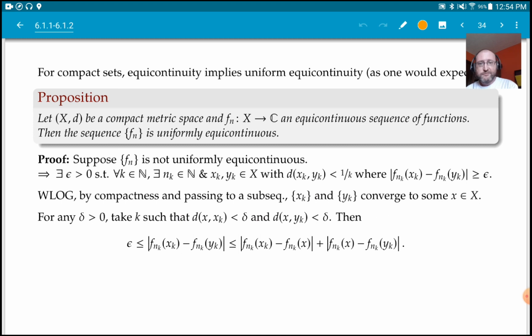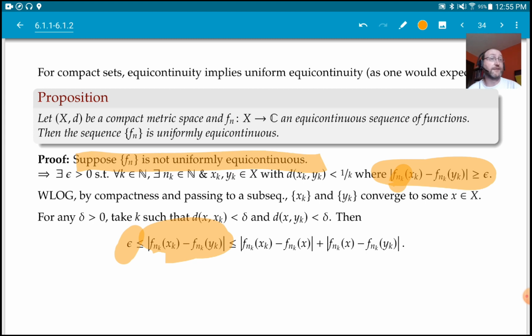Okay, so now we also had this thing. For that particular index n sub k, we get that the difference between f_{n_k} of x_k and f_{n_k} of y_k is bigger than or equal to epsilon. That's by definition, or by this assumption that this sequence was not uniformly equicontinuous.